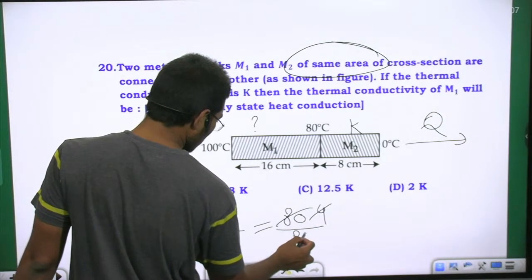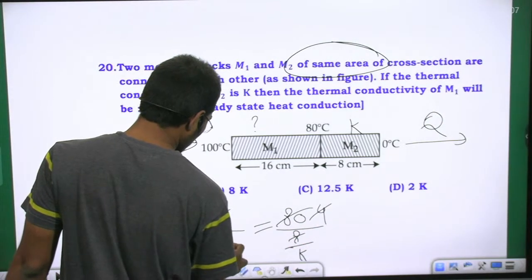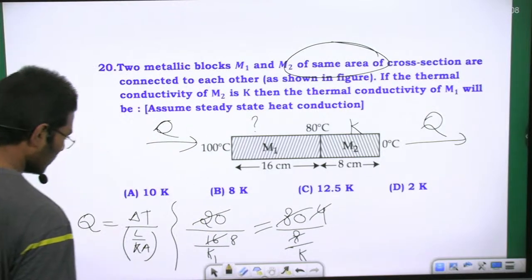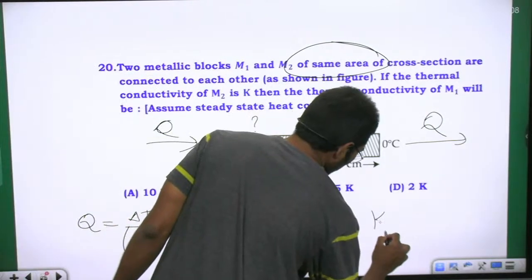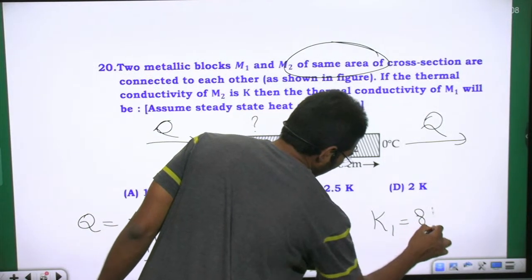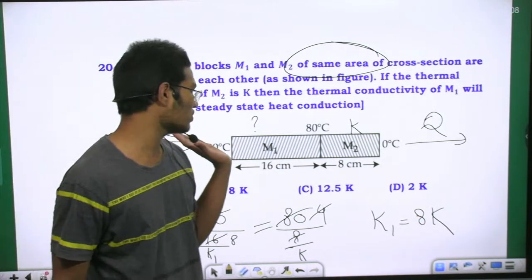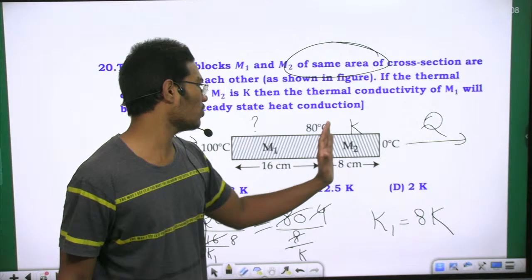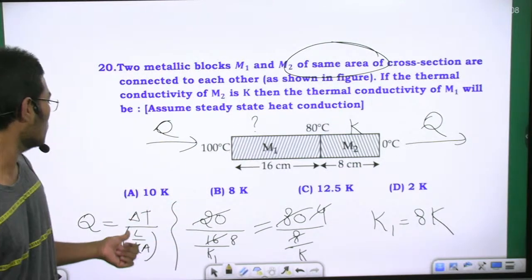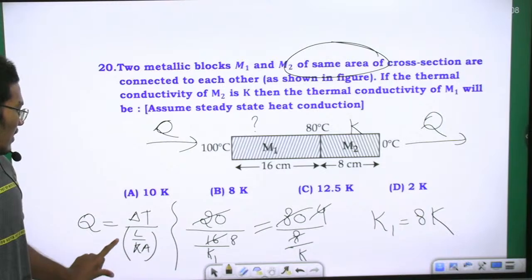4 ones are 4, twos are 2, eights are, right? So K1 is equal to 8K. Simply Q is equal to delta T by L by Ka. Q flows from higher temperature to lower temperature. So Q is equal to delta T by L by K, where this is the resistance.